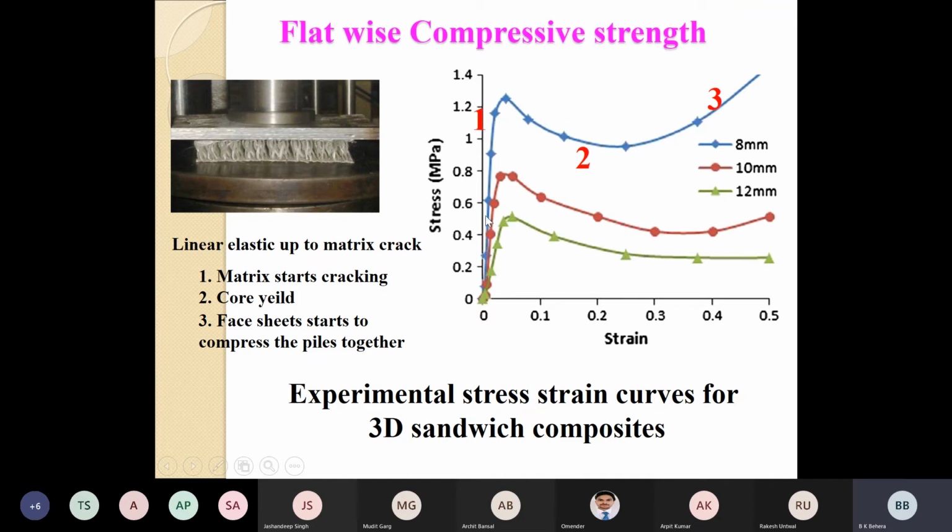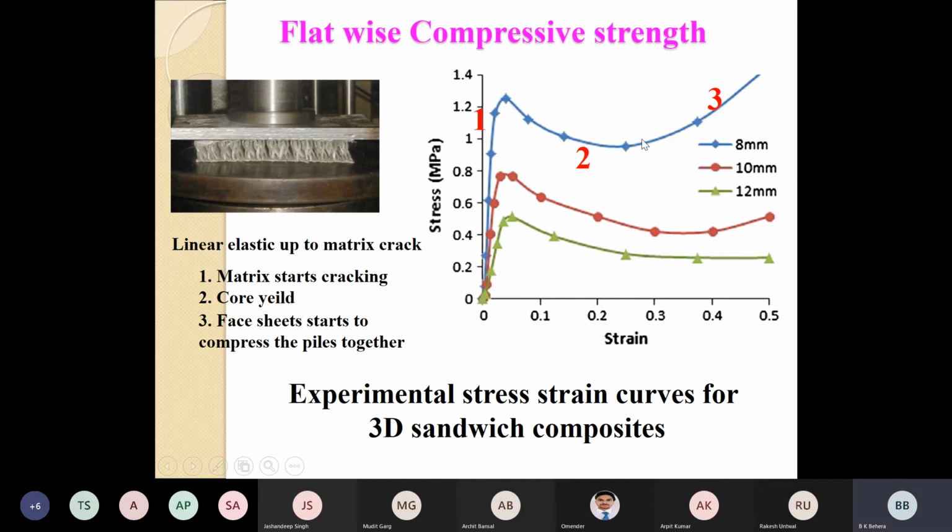These three gaps correspond to the three different thicknesses: 8 millimeter, 10 millimeter, 12 millimeter. Thickness means here the height of the spacer. So at this point, matrix cracks take place, meaning the structure starts collapsing. Then it gets compressed. When it gets compressed, the curve will slide down.